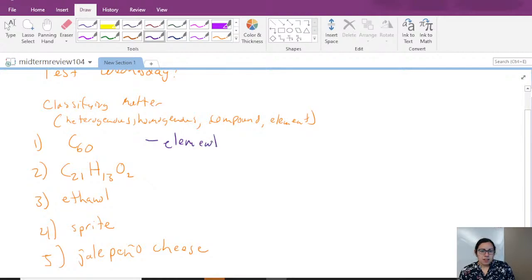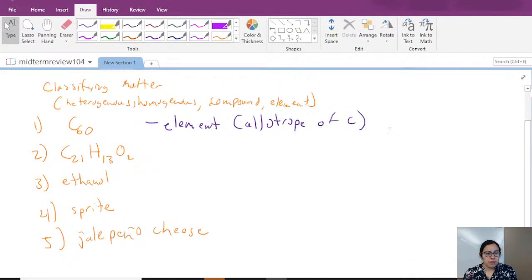Excellent. And so again, don't let the 60 scare you or confuse you, right? This is just an allotrope of carbon. So just kind of a reminder, those allotropes can be several of one singular atom, like we mentioned with sulfur, S8, we mentioned phosphorus, all sorts of good stuff.